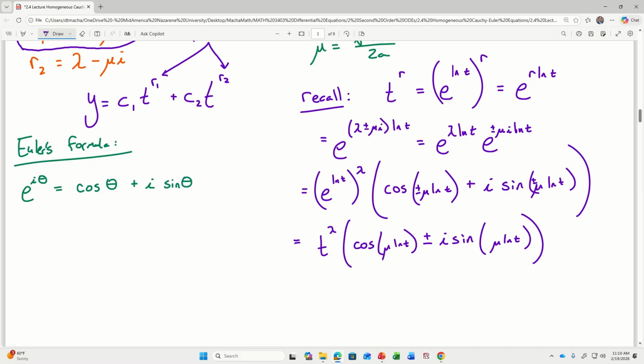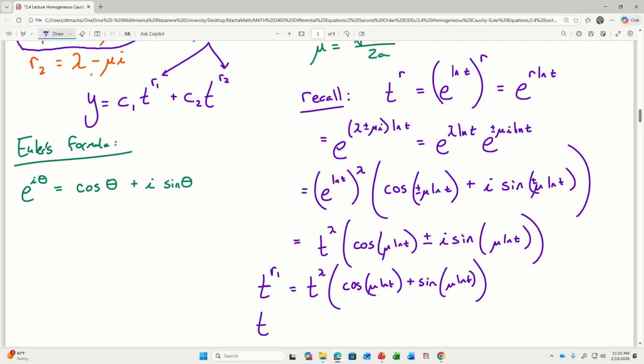So we're getting close. I can write this finally as two separate terms because one of these solutions, like t to the r1, is going to have the solution t to the power lambda times cosine mu natural log t plus i sine mu natural log t.